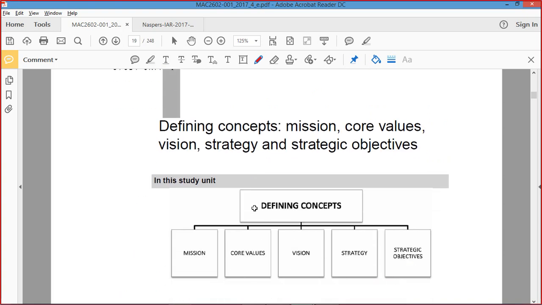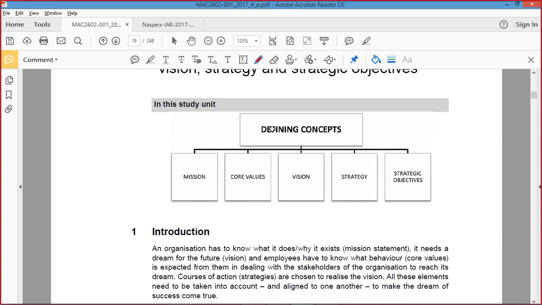So the first bit, as you said, is looking at that vision, that goal, that objective. You'll see they talk about defining concepts. Why do you think a company needs to define concepts? What is its purpose?